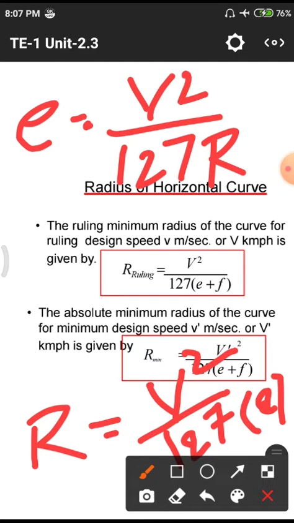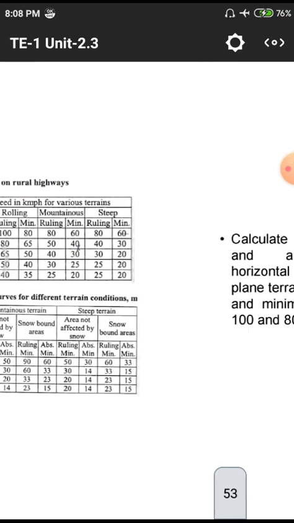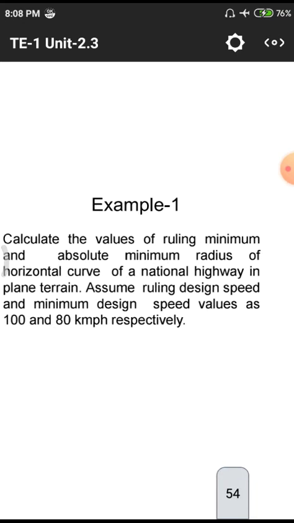V also depends upon vehicular speed. R is the thing we need to calculate. If the R value is given, we have to calculate elevation. If elevation is given, we have to calculate the R value. This is the major problem in all of the second chapter.